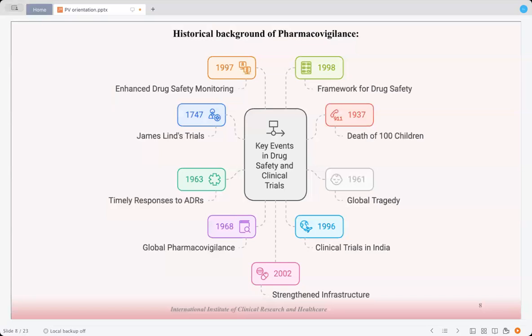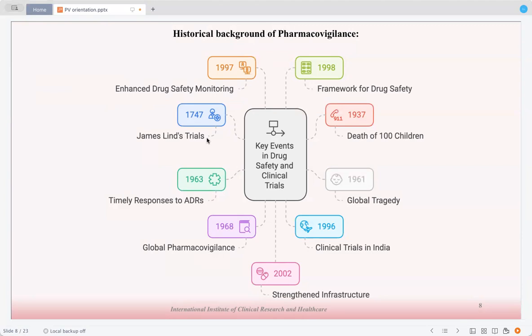Next is the historical background of pharmacovigilance. In the year 1747, the development was the very first non-clinical trial by James Lind. What was the trial? It showed the usefulness of lemon juice in preventing scurvy.